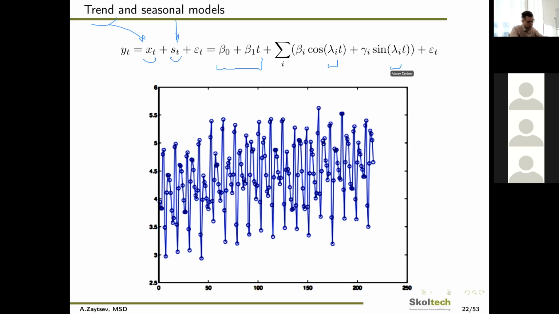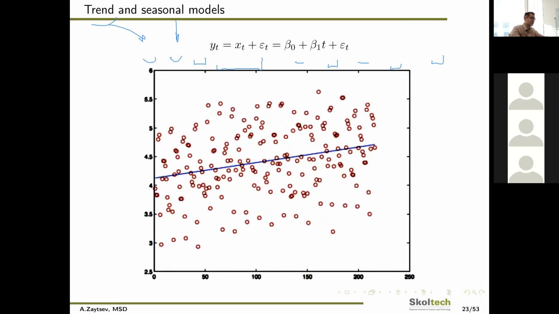And if we estimate these lambdas well, then we again have a linear regression problem, which we can estimate from the data. And also we have this third term, typically just i.i.d. white noise in most cases.